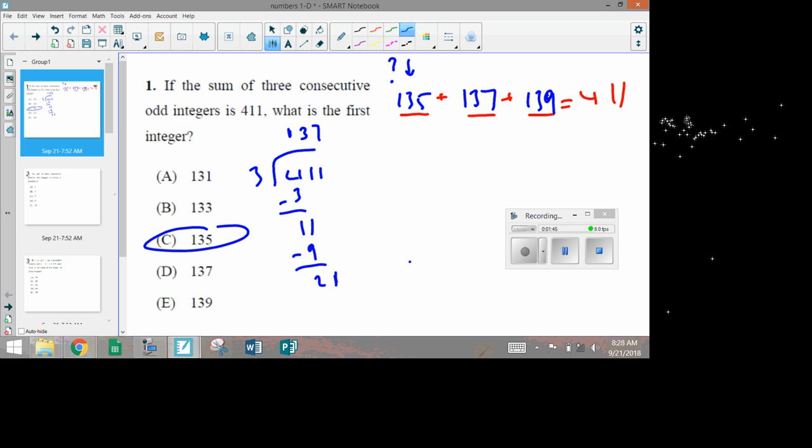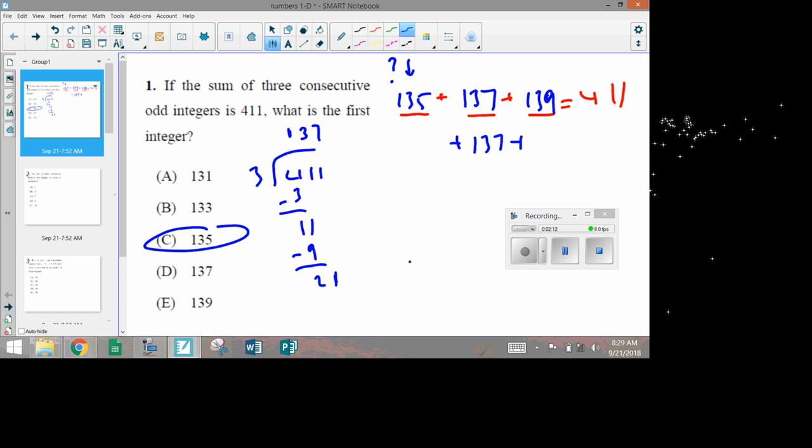How to get the middle integer? 411 divided by 3. Why did I divide? Because in order to find the middle integer. For example, let me prove why I am dividing by 3. Let's say this number is 137.